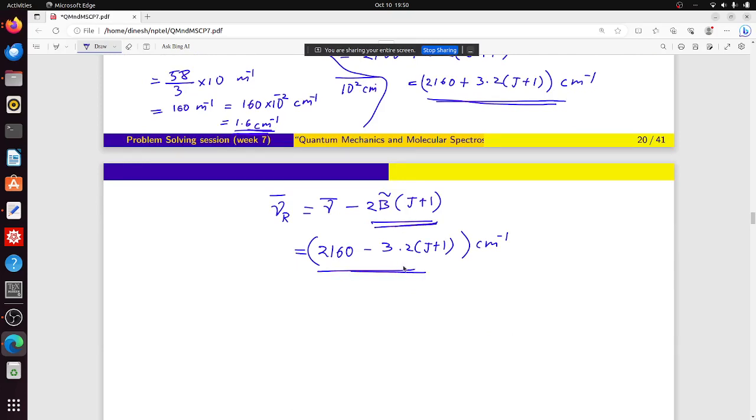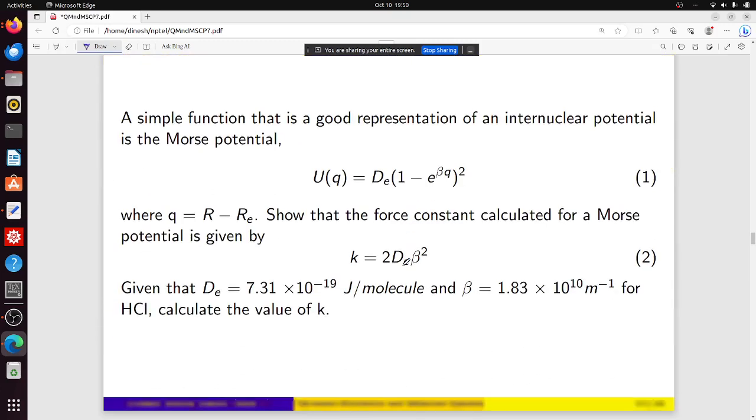If the P branch is considered, this frequency will be deducted. Okay, now moving on to the next question. A simple function that is a good representation of internuclear potential is the Morse potential. This potential is given in this form, where q is R minus Re.